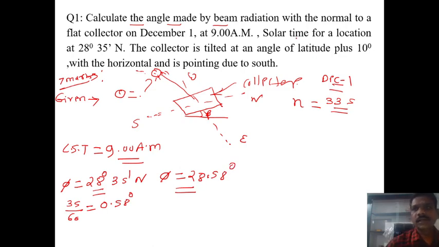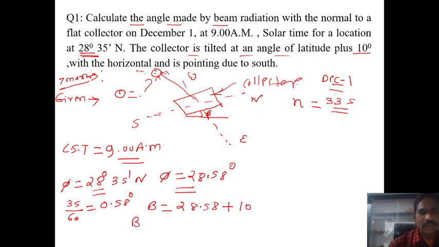Solar time for a location, the latitude of the place where we have located the flat plate collector is what is given to us. The collector is tilted at an angle of latitude plus 10 degrees. Means this beta angle is given. So beta is given as latitude plus 10 degrees. How much is latitude? 20.58 plus 10.